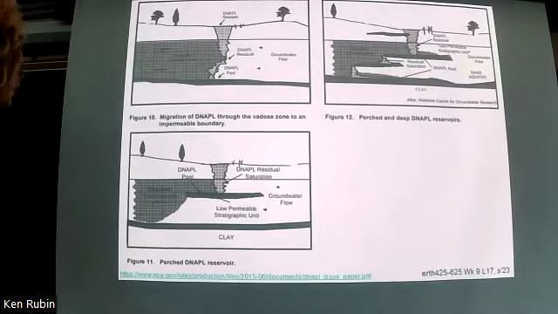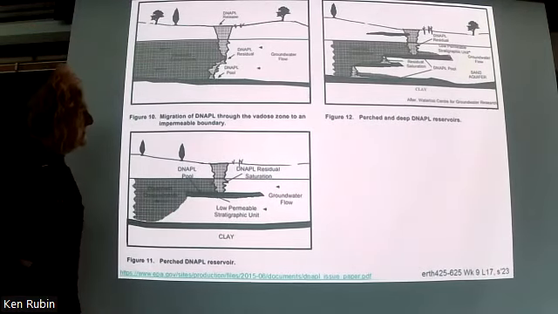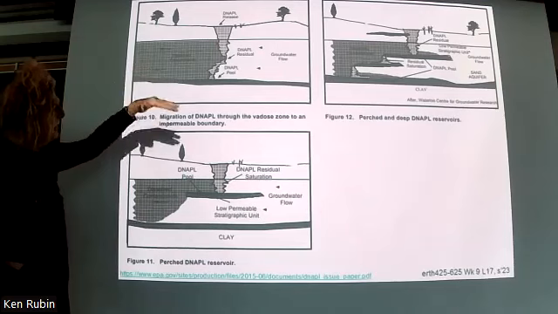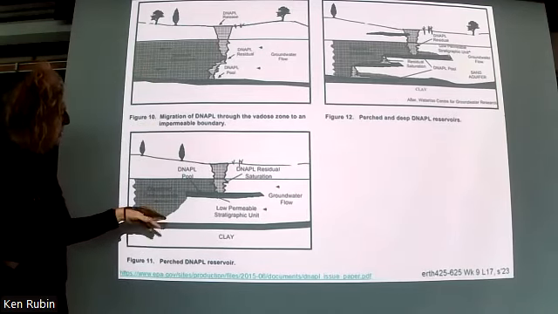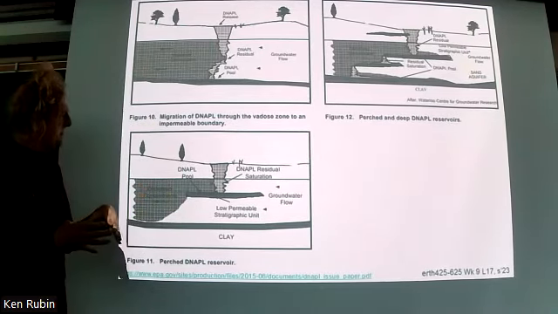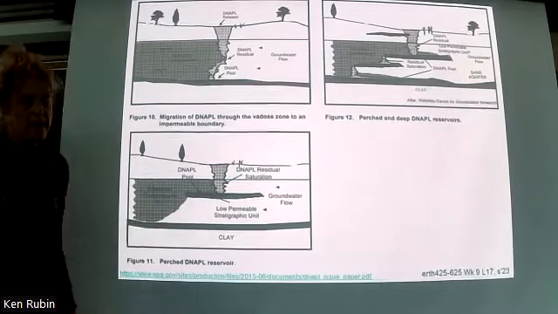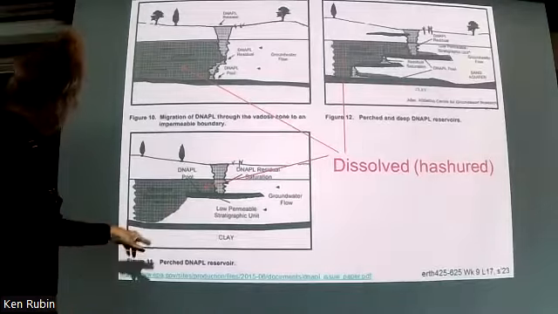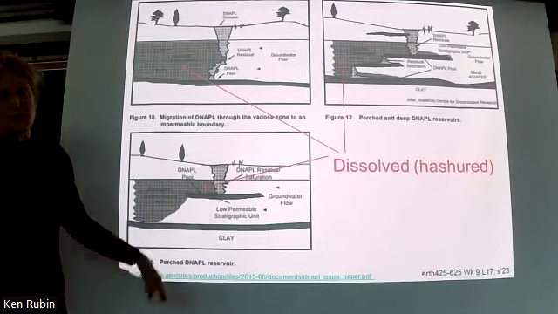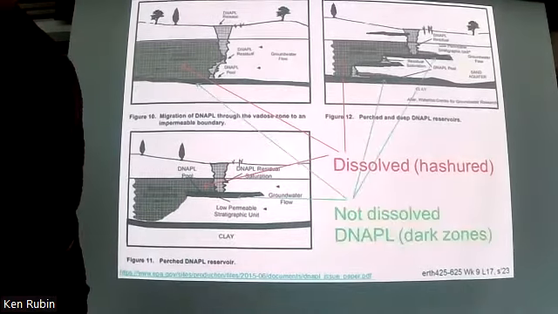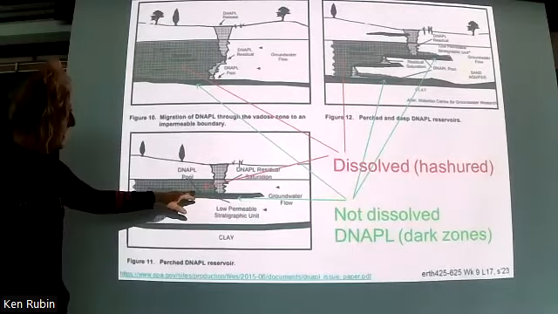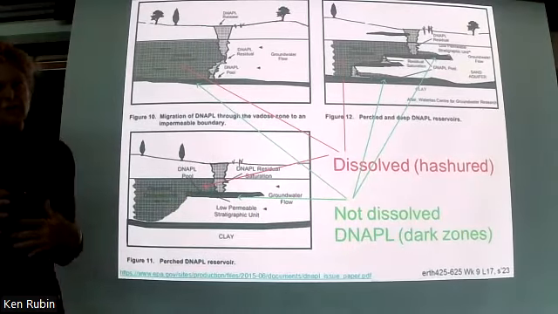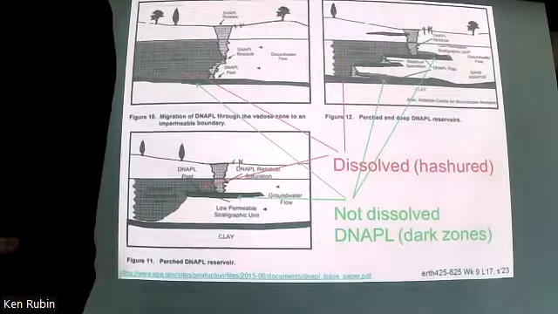These are just a few more scenarios that show you different conditions of DNAPL release and where we find undissolved DNAPL and the contaminant plume. And I know these diagrams aren't easy to read, but this hashed pattern is dissolved, and this black pattern is non-dissolved. So we'll find the dissolved and non-dissolved components in different places.